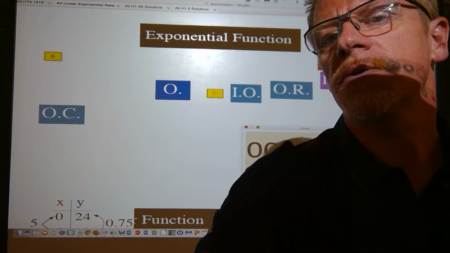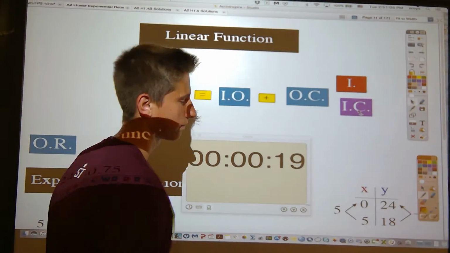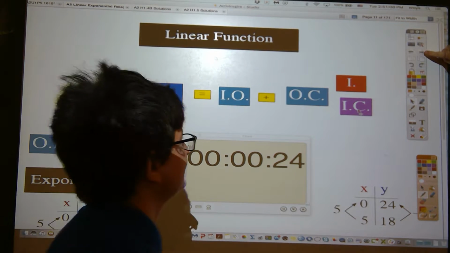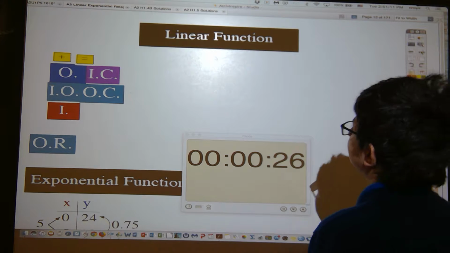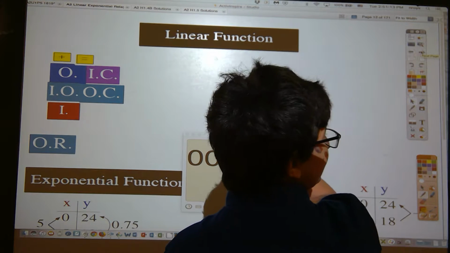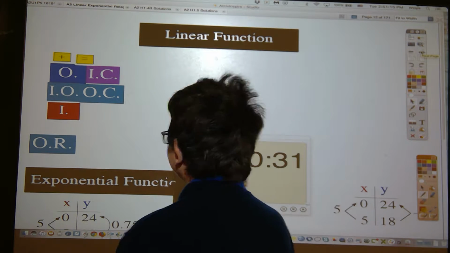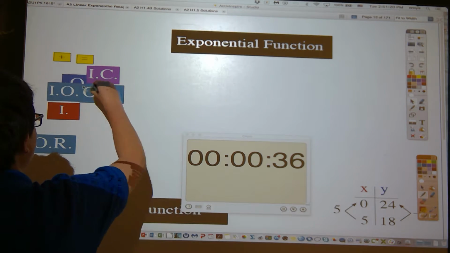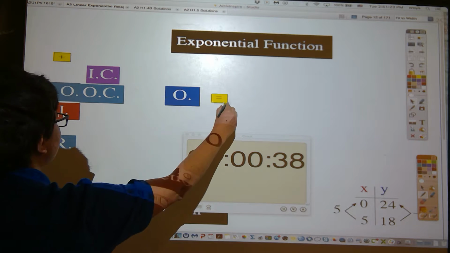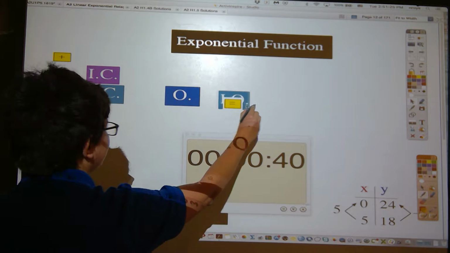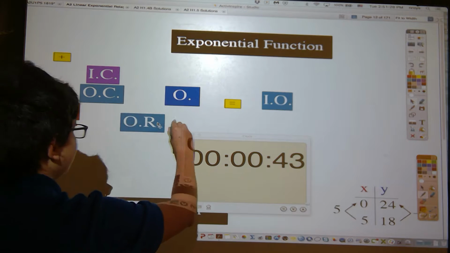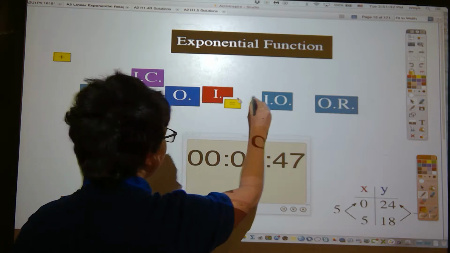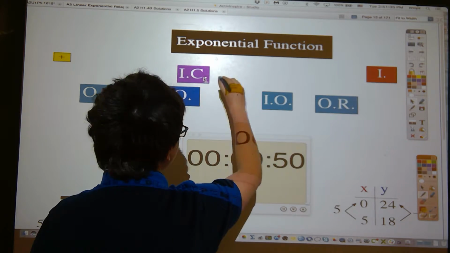I'm going to hit the camera here. Enter to the next person, who first thing you do is you click next, and then keep going. Start with exponential. So you have to change the name. Okay. Exponential function is output equals initial output times output ratio to the input over input change.